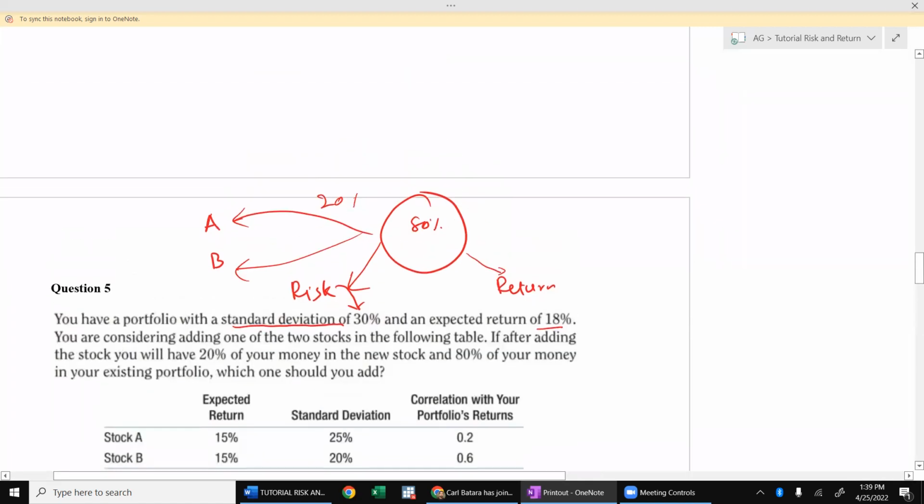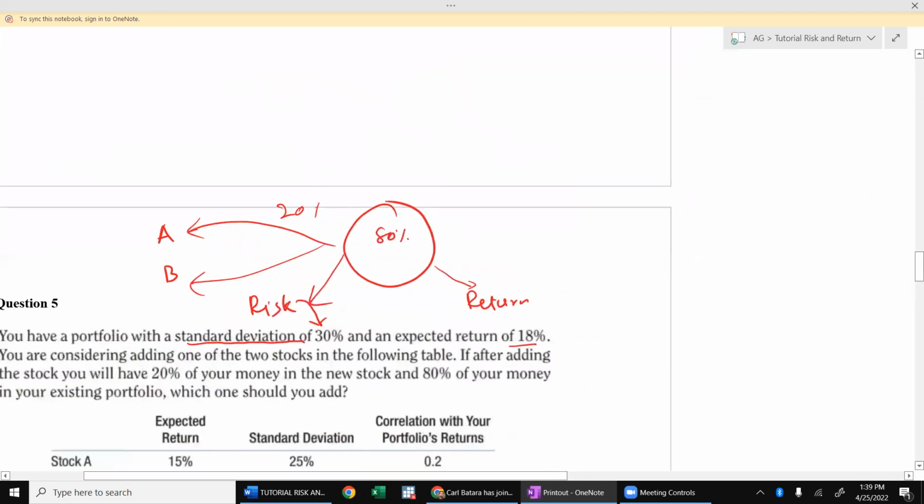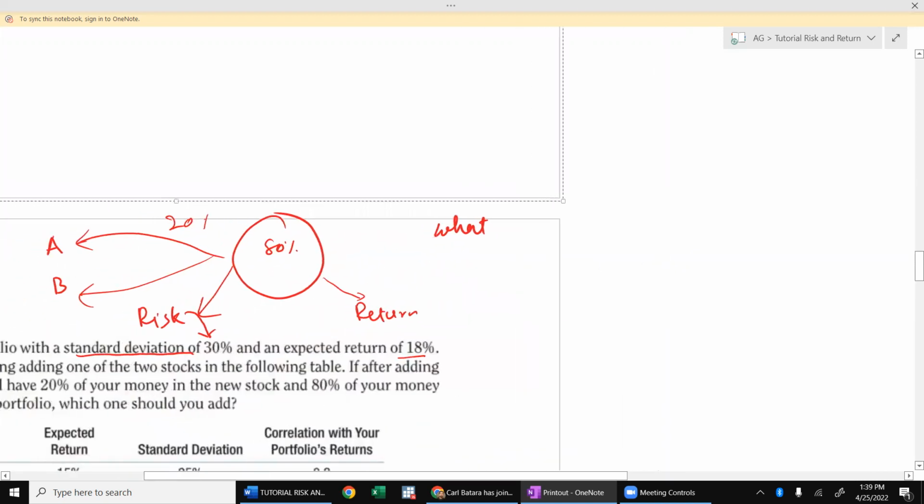Before we discuss the answer, let me ask you a very simple question. Before adding the securities, what would be your preference? You are the one deciding this. What would be the criteria to add the asset?